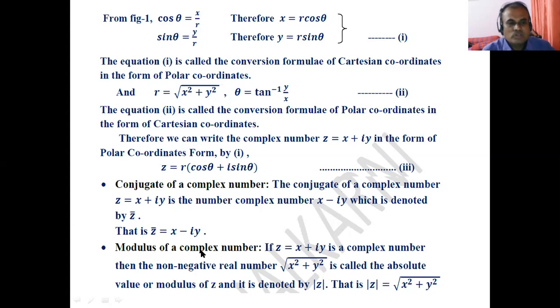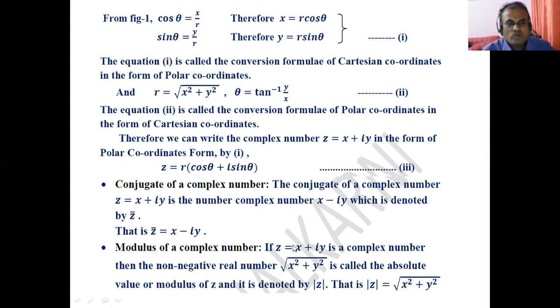Now, modulus of a complex number. If z equal to x plus iy is a complex number, then the non-negative real number root of x square plus y square is called the absolute value or modulus of z. It is denoted by mod of z, and mod of z is equal to the square root of x square plus y square.